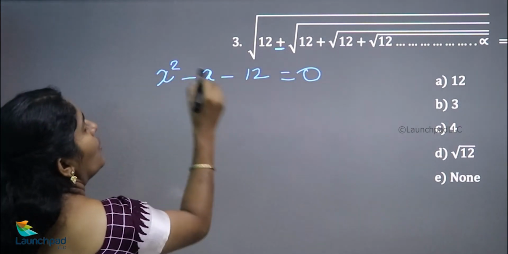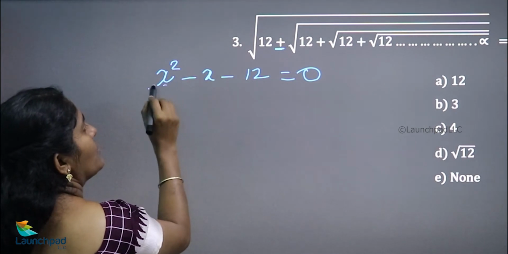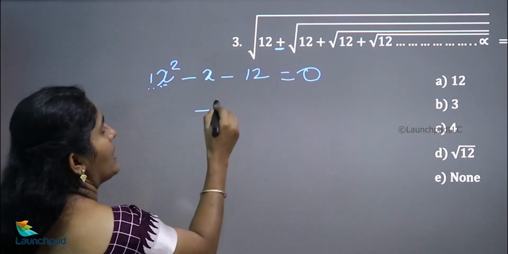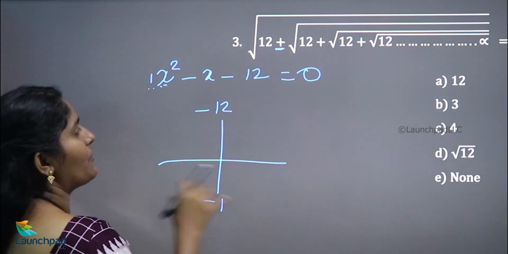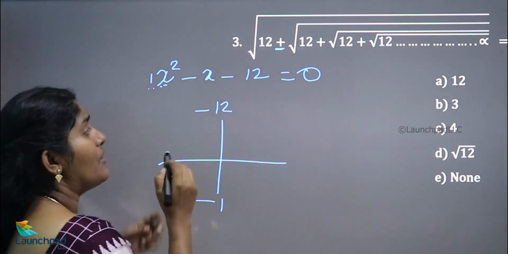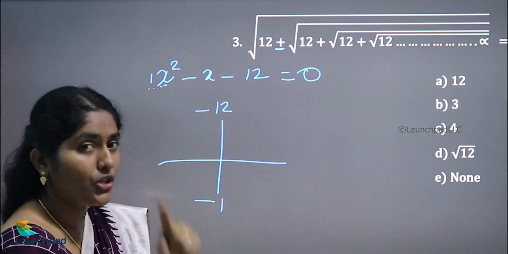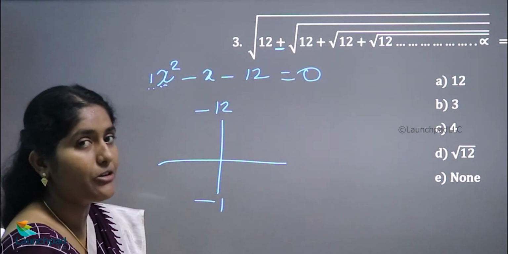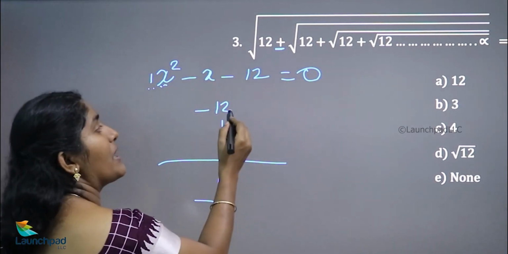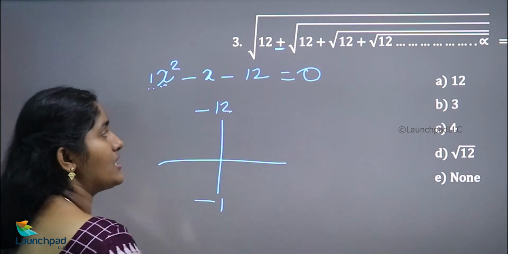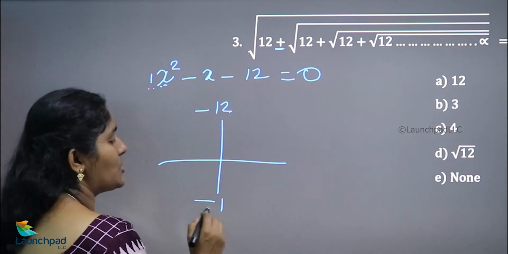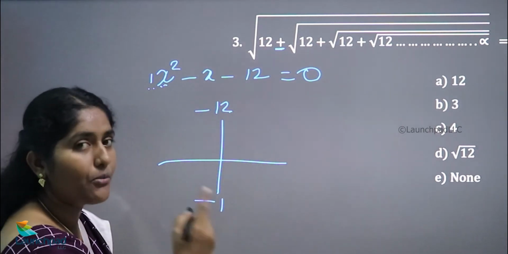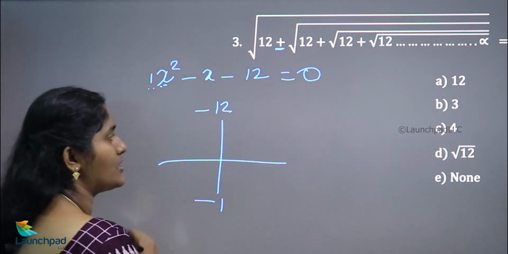For the shortcut, find two numbers whose product is minus 12 and whose sum is minus 1. Product means multiplication, sum means addition. When you add both values, you should get minus 1.